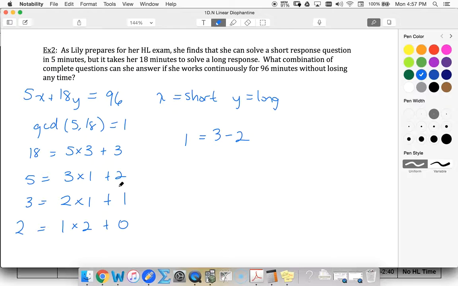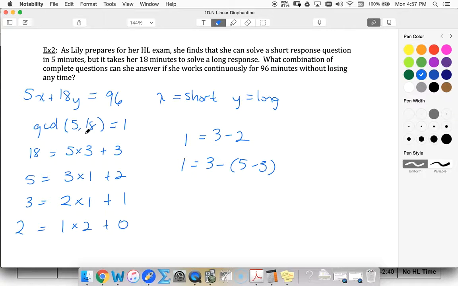And then going back and substituting, 2 is equal to 5 minus 3. Then I can continue to collect my like terms. Now I've got 3 is equal to 18 minus 5 times 3.